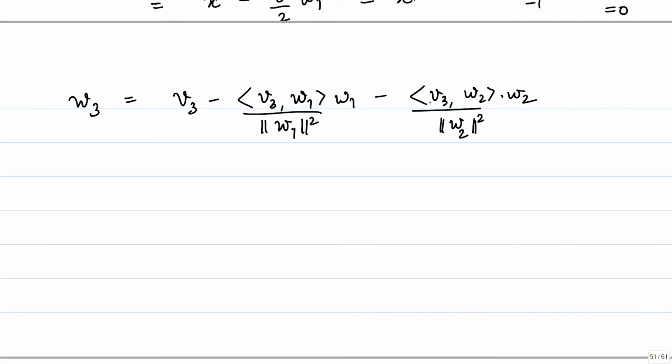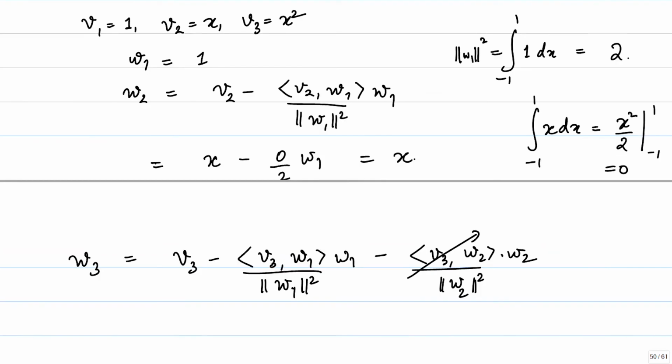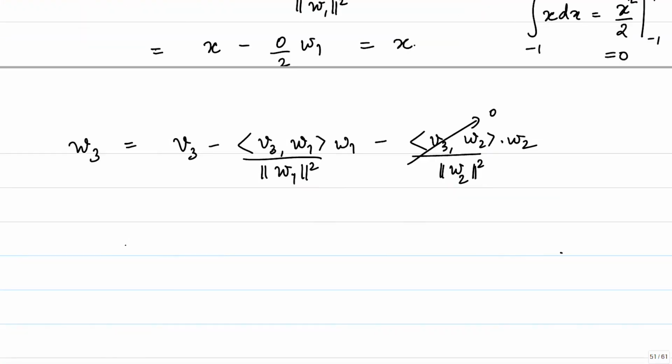I would like to quickly note that this last quantity will be 0, because if you look at x square and the inner product of that with x, that will be the integral of x cube, and by a similar argument this will be 0. So we just have to worry about this. It's just going to take a minute.